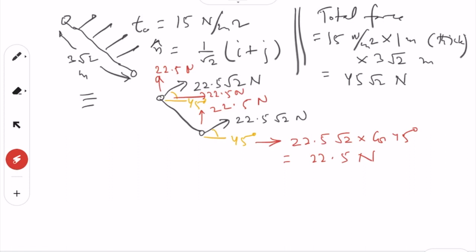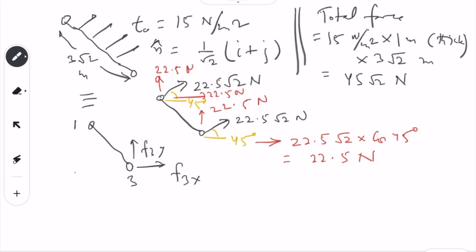So, if we see here, our numbering was like this. This is node number 1, 2 was here, this is 3, and this one is F3x, this is F3y, F1x, F1y. Okay.